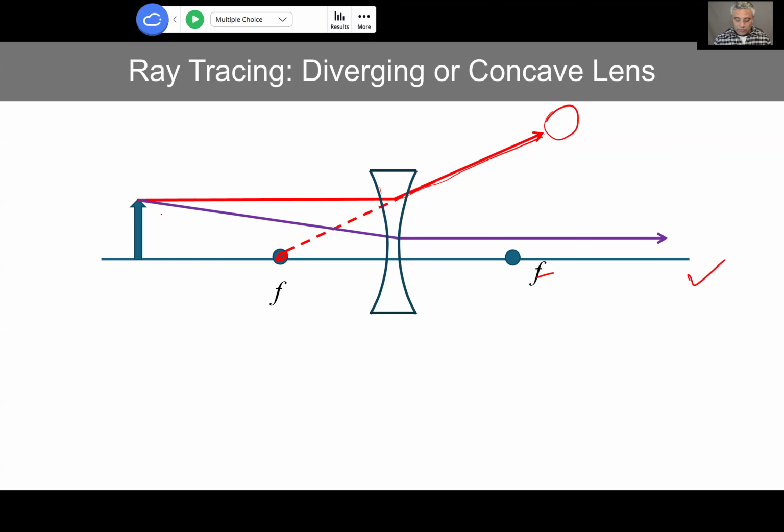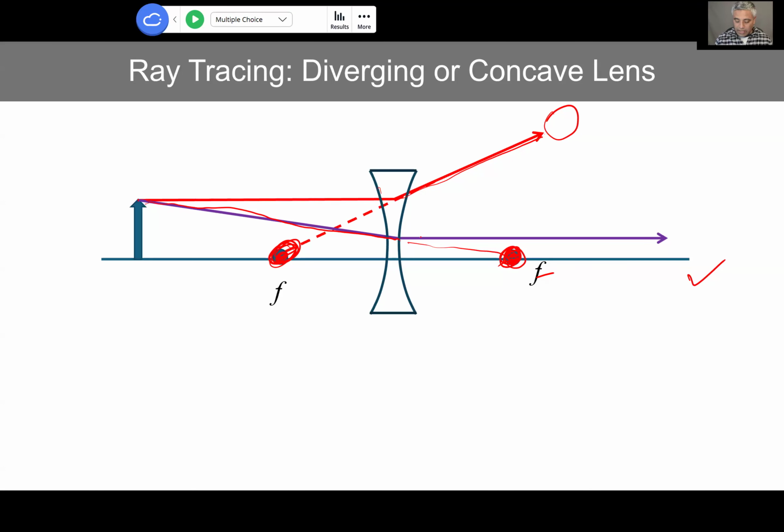And then the one that is now heading towards the focus. Remember, for the converging lens we drew one that passes from here, but we're not doing that for this. Rather, this side we already used, now we want to make use of the other side. So this was heading to the focal point on this side.